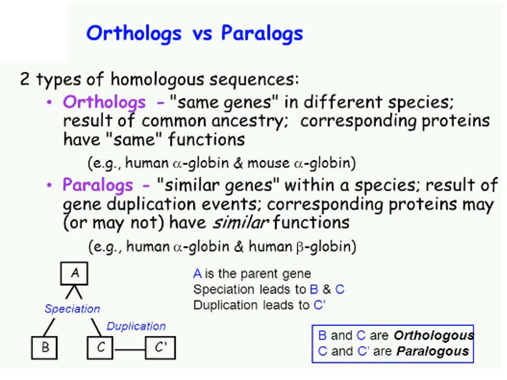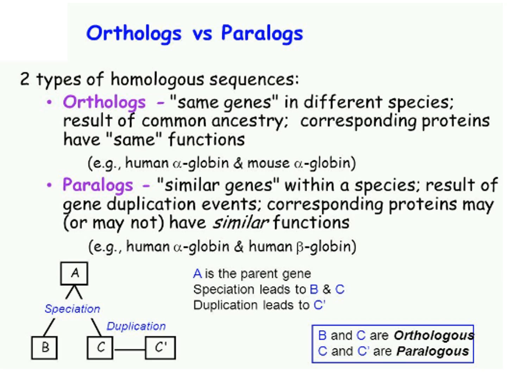Whereas in gene duplication, in this case C to C dash, the gene has been duplicated but would perform a similar but different function within the same species. So therefore, there is no speciation that is going to take place in paralogous, but there is gene duplication that is going to take place.